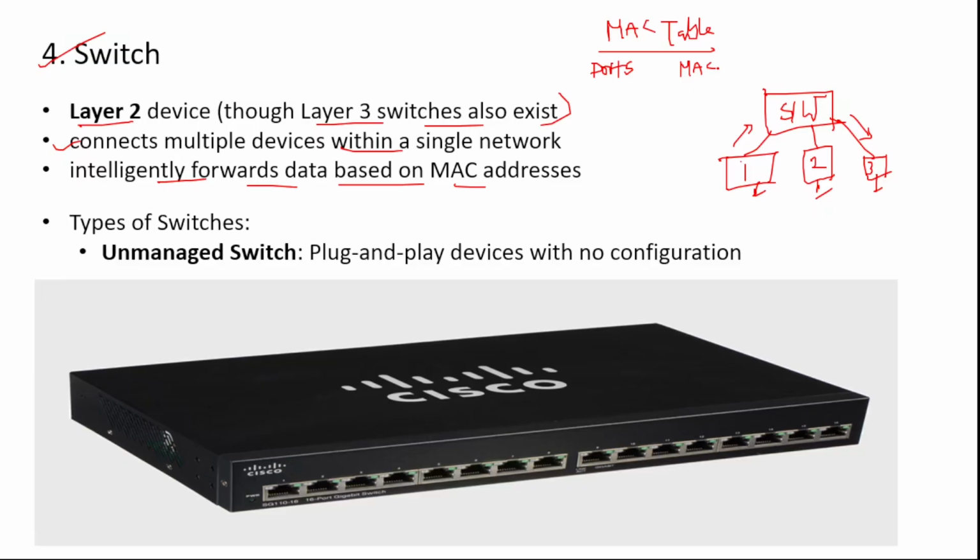Suppose PC1's MAC address is this and PC3's MAC address is this. So the switch creates a table like this, but not exactly. The switch creates this MAC table before sending the data packet. This MAC table is called CAM, content addressable memory.